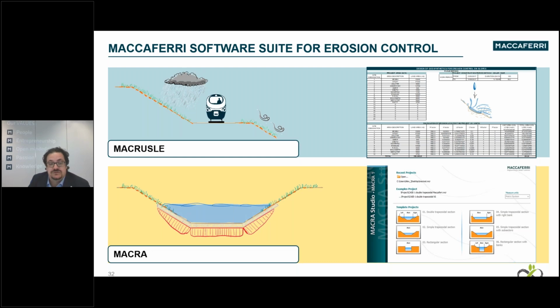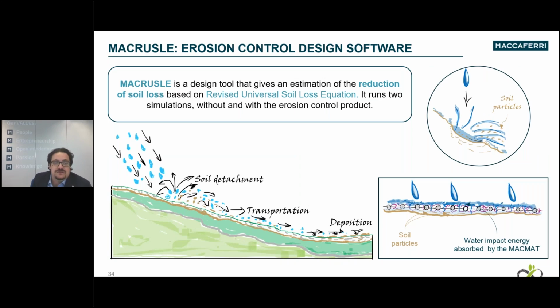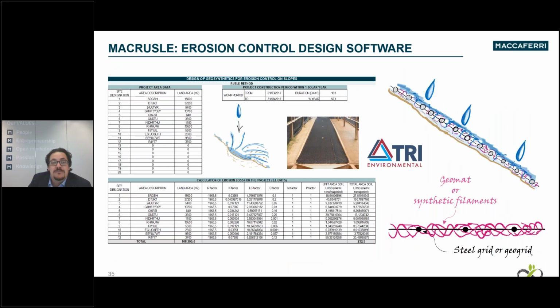Macra Studio software. The MACCAFERI software is based on the Revised Universal Soil Loss Equation, RUSLE, which is widely used in the US and was also sponsored by IECA, and is based on the performance of the erosion control product measured with some tests done in the lab.